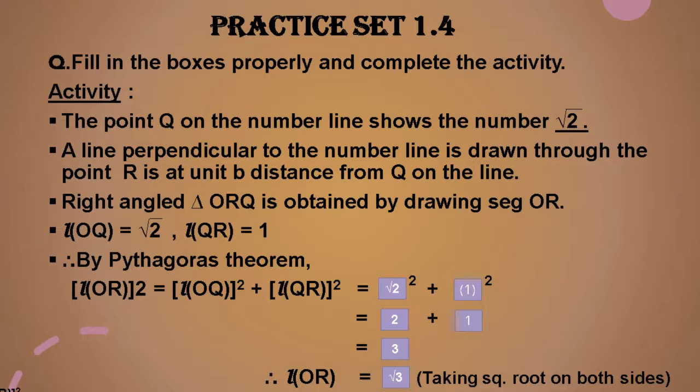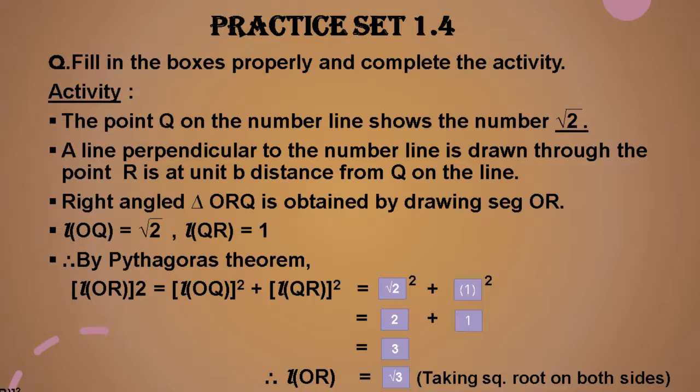So length of OR whole square is equal to length of OQ whole square plus length of QR whole square. By substituting the values in the boxes, OQ is root 2. Therefore, OQ square is root 2 whole square plus QR square is 1 whole square.